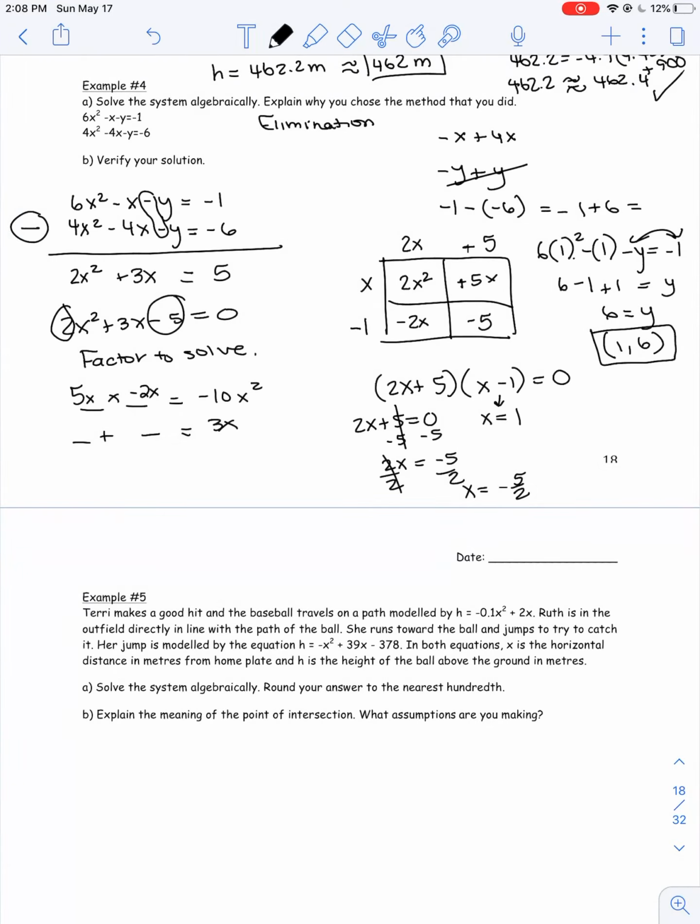Our next solution, guys, is where we plug in negative 5 over 2. So I can use the first equation or the second one, so just to change it up, I'll use the second equation. So then I'll put that all in my calculator.